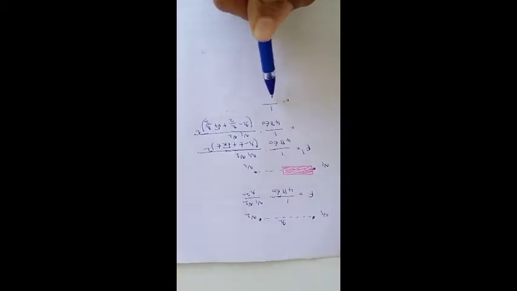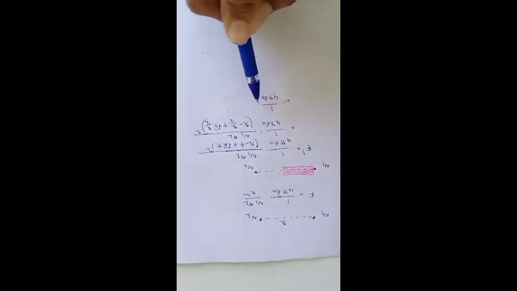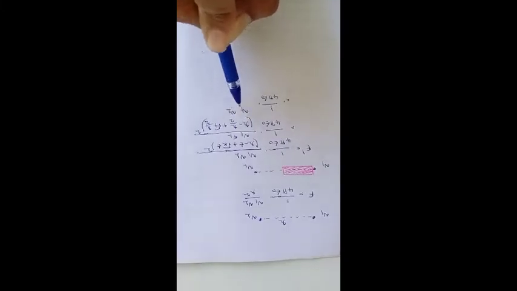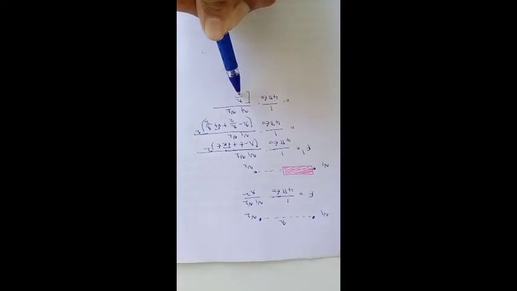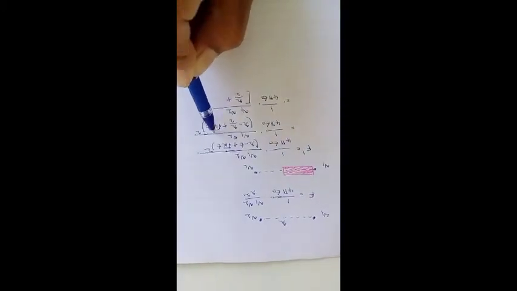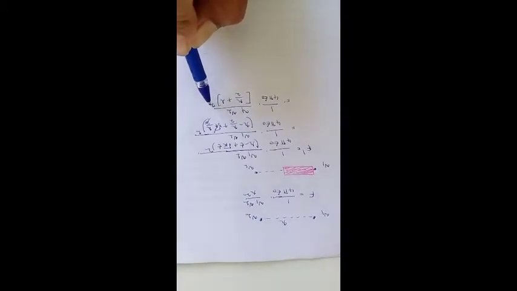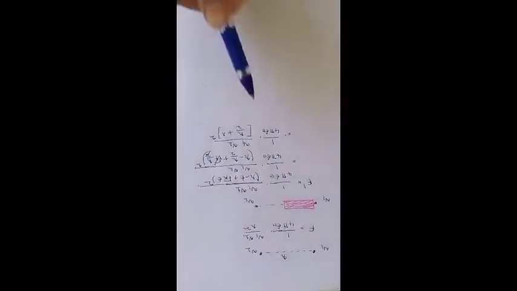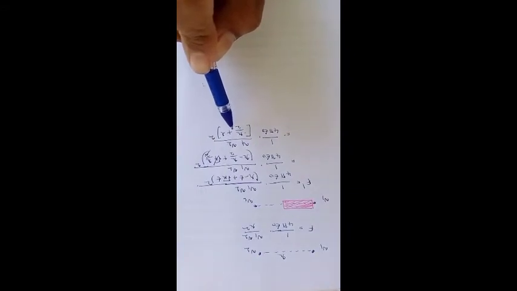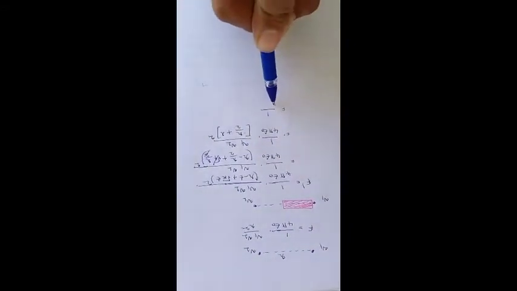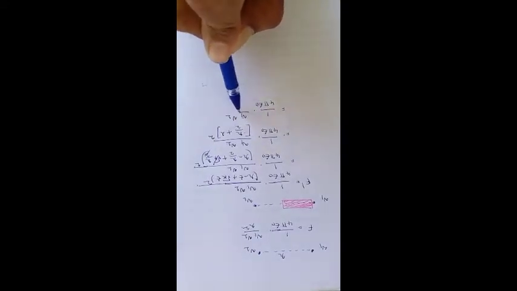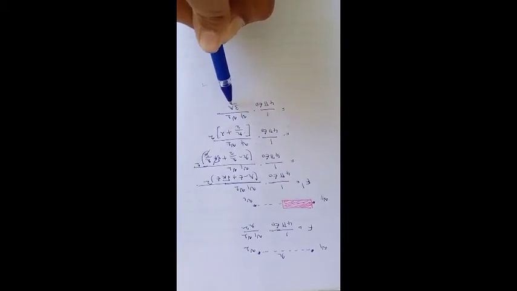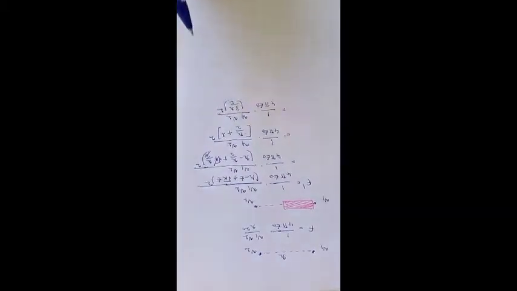So this value 1 by 4 pi epsilon naught Q1 Q2 by R minus R by 2 means R by 2. 2 root 4 will cancel. So this is R whole square. So R plus 2R by 2 means 3R by 2. 1 by 4 pi epsilon naught Q1 Q2 by 3R by 2 whole square.